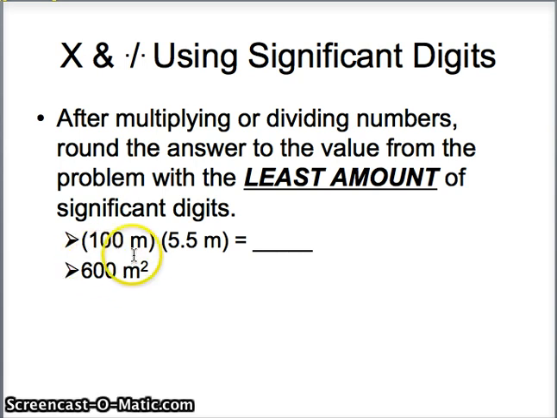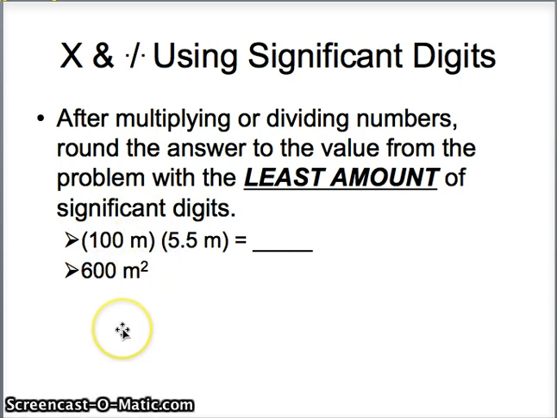Okay, so 100 meters times 5.5 meters. 100 has only one significant digit because these zeros here are placeholders. 5.5 has 2 significant digits. So when we multiply 100 times 5.5, it really is 550 meters, but we need to round it to 1 significant digit because this part of the problem has the least amount of significant digits.